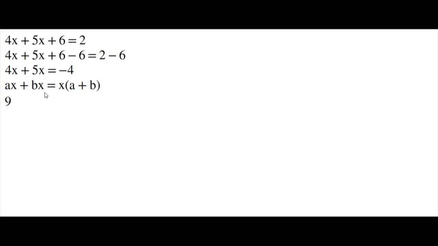Or you could solve it through the distributive law, which would be x(4 plus 5) equal to -4, which again gives you 9x. Why? Because 4 plus 5 equals 9, and 9 times x equals 9x, and it would equal -4.